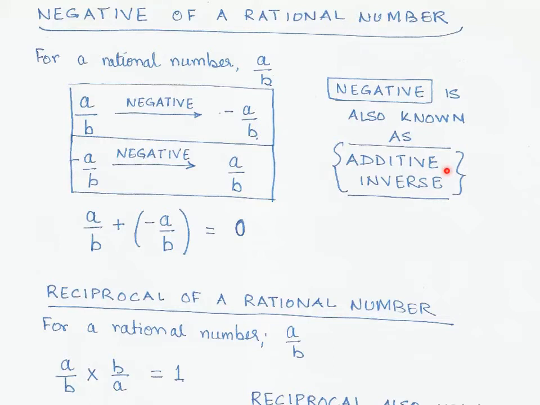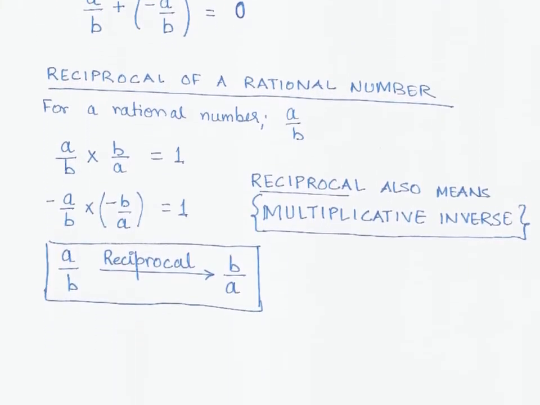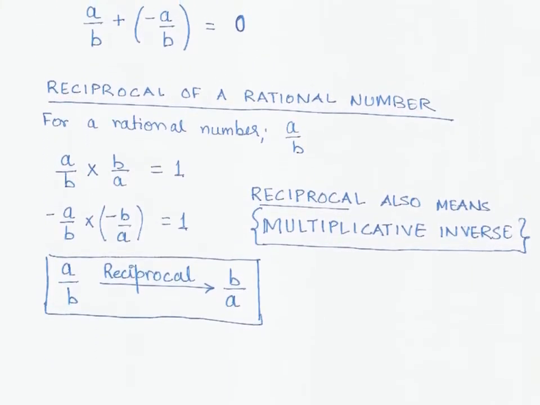Okay, now let us look at another concept, which is the reciprocal of a rational number. What do I mean by the reciprocal? Now let's say that we have our same number a by b. Reciprocal of a number simply means that when I multiply a rational number by its reciprocal, I should get 1.